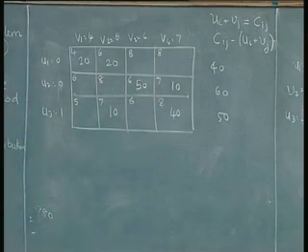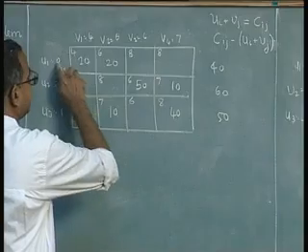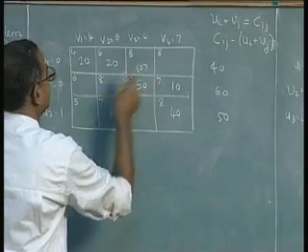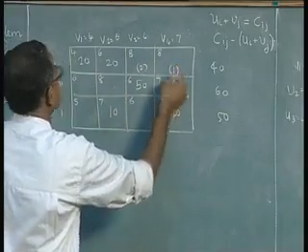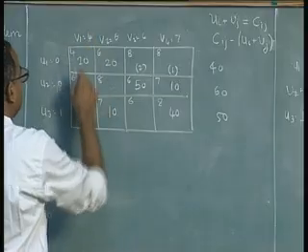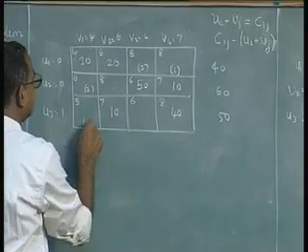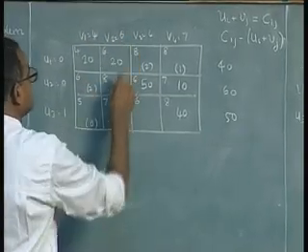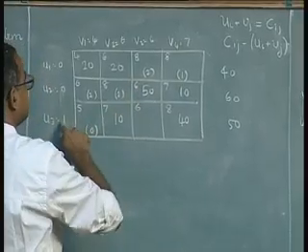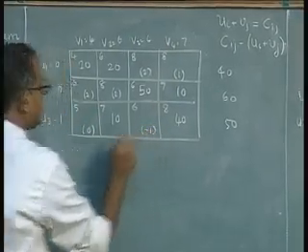Now find out the Cij minus ui plus vj, 0 plus 6, 6, so 8 minus 6 is 2, 8 minus 7 is 1, 4, so you get a 2 here, you get a 0 here, 0 plus 6, 6, you get a 2 here, now 6 plus 1, 7, you get a minus 1 here.